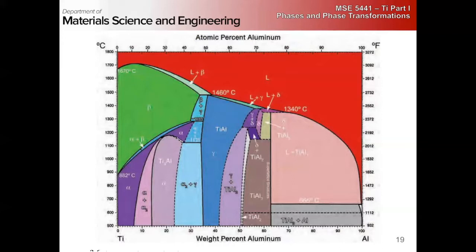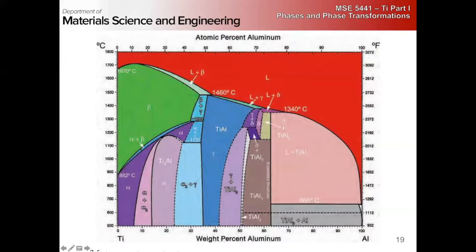Most of the time, with aluminum as an alpha stabilizer, we're going to be down here at relatively small weight percents. What is alpha 2? We'll get to those. So this here is alpha, alpha plus alpha 2, right?